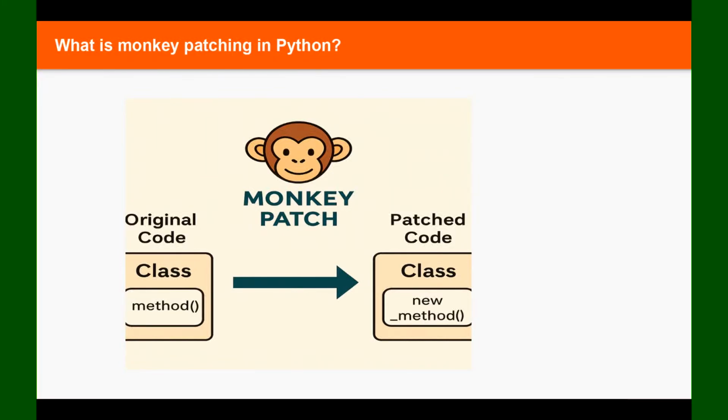We use monkey patching to fix bugs in third-party libraries, to add logging and debugging features, to override behaviors for testing purposes, and to inject custom behavior into existing code.